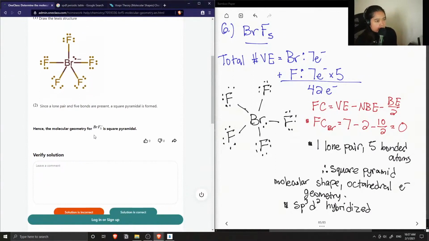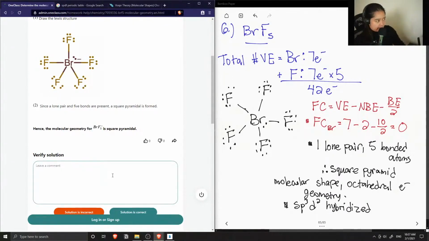So I think if we did have a minus at the end, in total we would have 43 valence electrons, and then the single electron left in our count would just be on the bromine to form a radical.